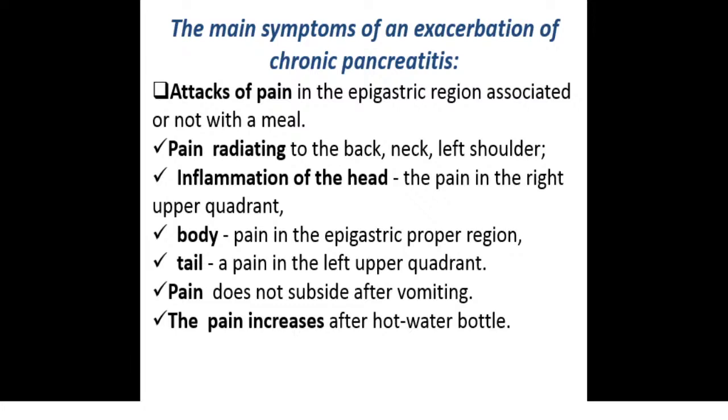The main symptom of exacerbation of chronic pancreatitis: attacks of pain in the epigastric region, associated or not with nausea. Pain radiating to the back, neck, left shoulder, but it is very, very rare.